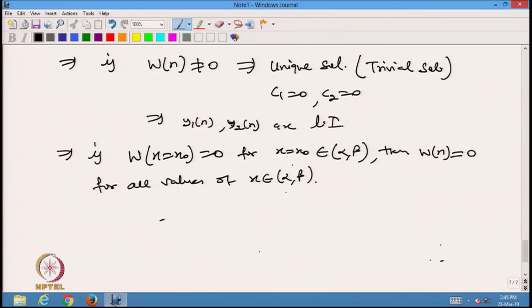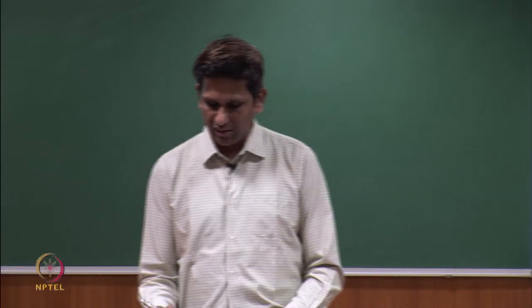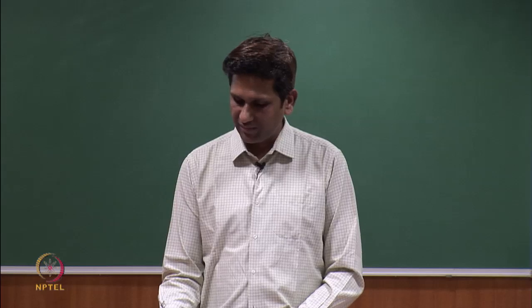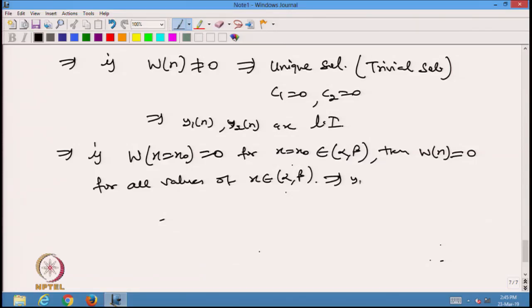So the Wronskian will be 0 for all x in the given domain, and in that case I will say that y1(x) and y2(x) are linearly dependent.